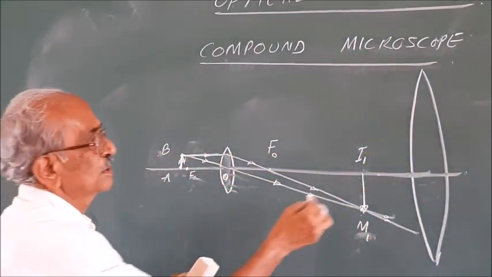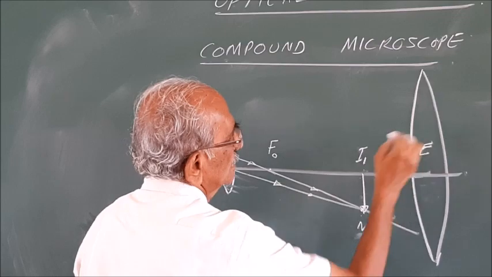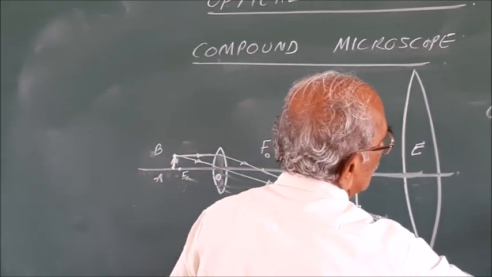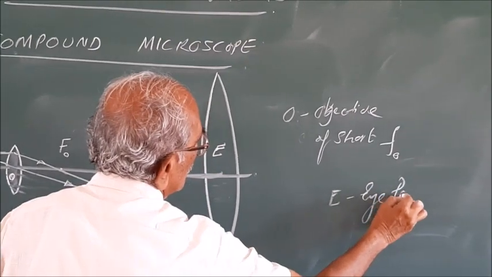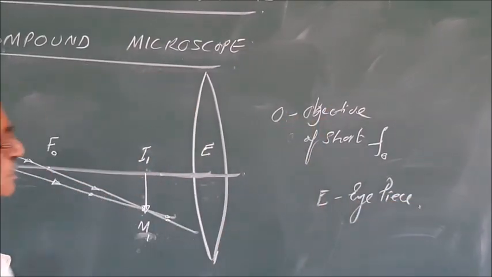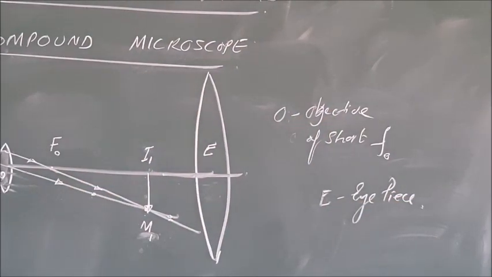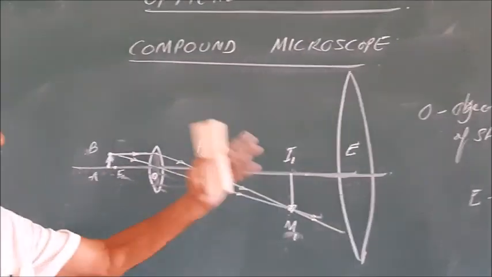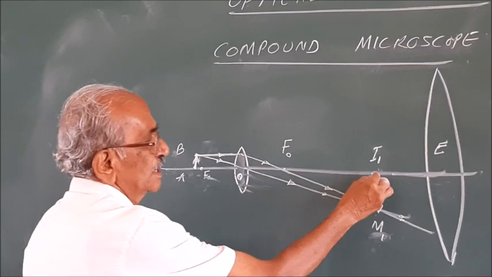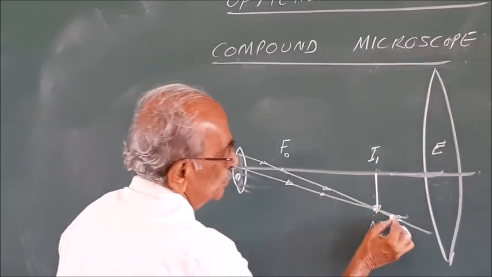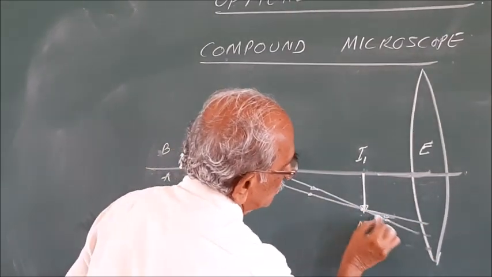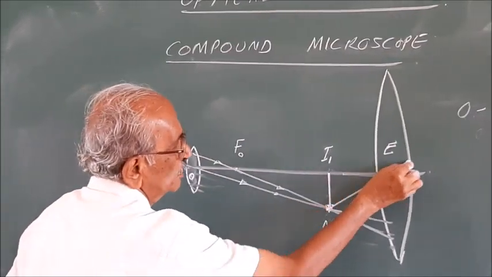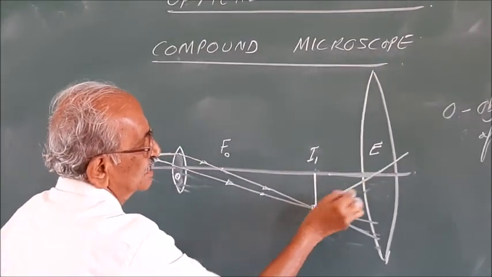Now this is called the eyepiece, because it is closer to the eye, nearer to the eye, while this is nearer to the objective. Now once again, I do not know how to write these rays after they come out, but I know this ray passing through the optic center goes straight.